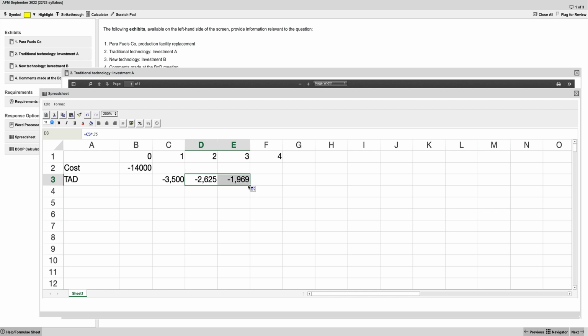And then in this final one, it's the balancing figure. So it's the 14,000 minus, and I'm just writing them out here because it's easier, 3,500 minus 2,625 minus 1,969. Then it comes to 5,906, and I'm done.